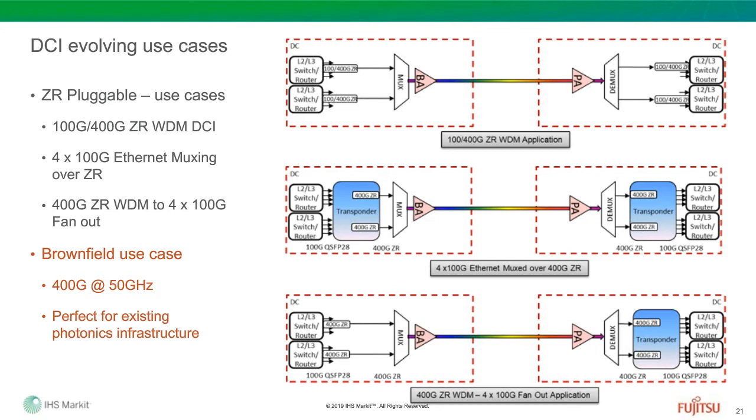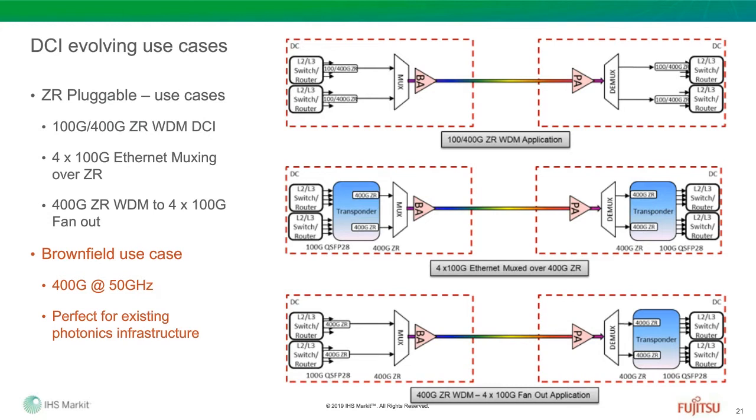That is very useful for operators where they would like to take advantage of economics of ZR module while they're still using 100 gig packet ports. And in another ZR-related use case shown in the bottom, it is a 400 gig ZR on one end and a transponder on the other, and does the demux function to connect to existing 100 gig devices.